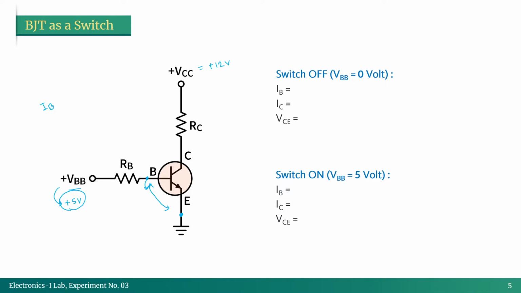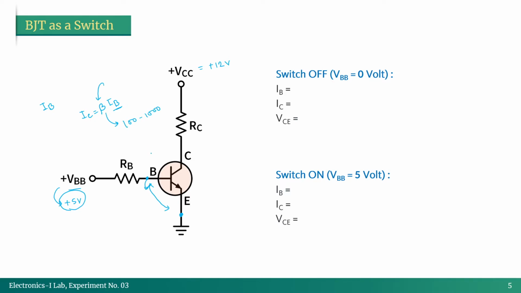The base current, and we already know a simple equation which is IC equal to beta IB, right? So beta is an amplification factor. The basic ability of our BJT device is that whenever we give some kind of current at the base terminal here called IB, it will be amplified by an amplification factor beta, which is typically around 100 to 1000.